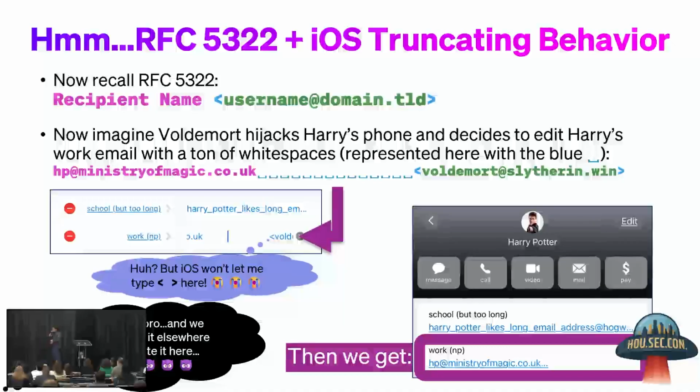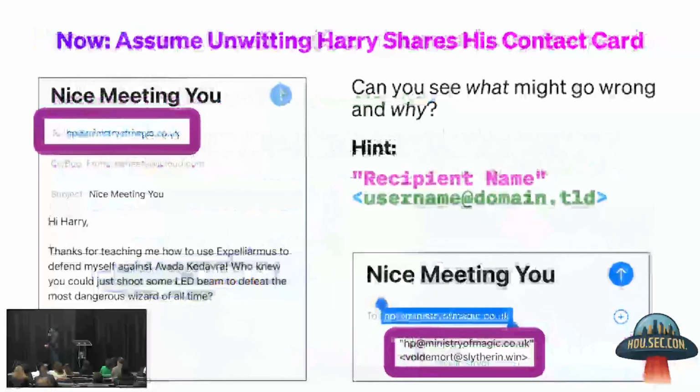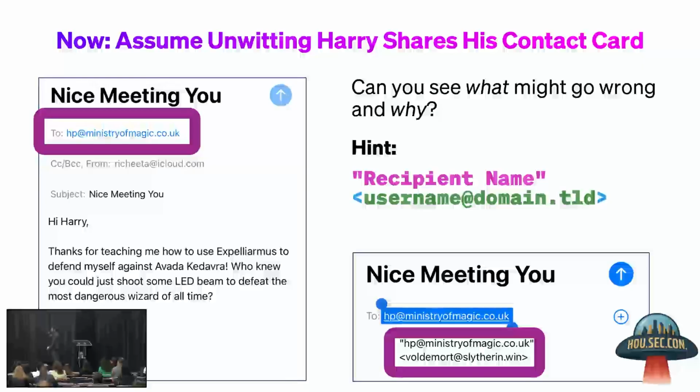Which could be a clue, right, if you're really observant, but if you're not, you're thinking, oh okay, I guess that email, hp@ministryofmagic.co.uk, that's actually going to Voldemort, right? And of course, since it's treating the first email address that you put as the name, that's what it would show when you tapped on the email to send it.